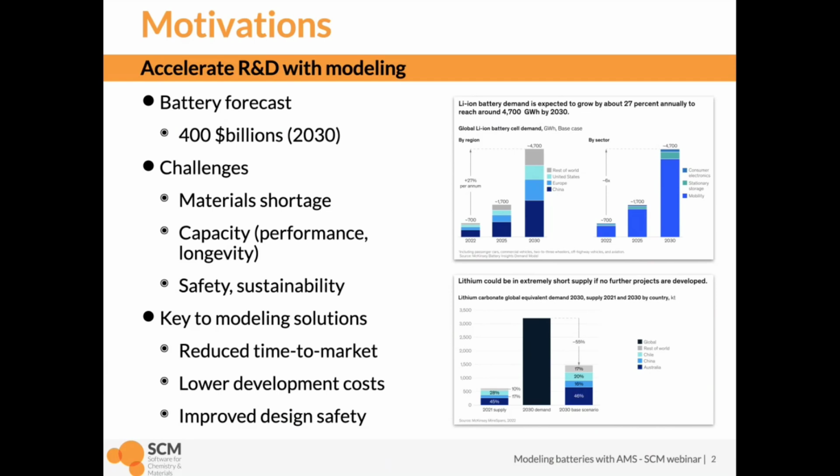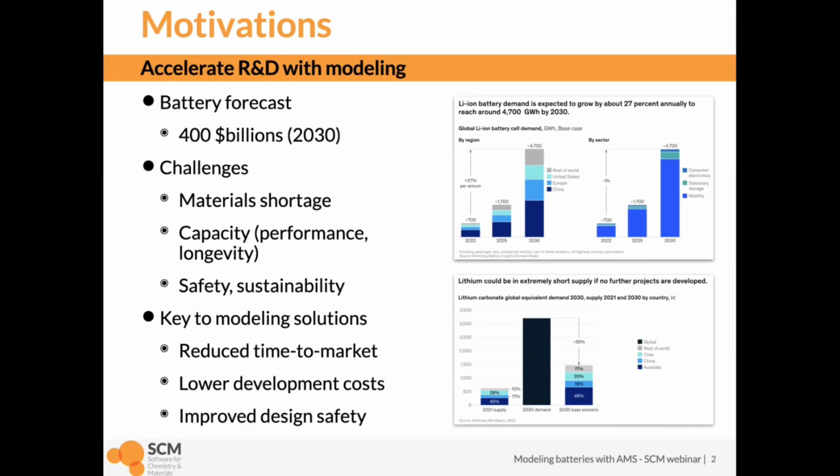So we can expect this market to be even above this 30% growth. So batteries are powering our mobile devices, but mostly this market is being driven by the electrification of our transportation, as you can see in the bar.